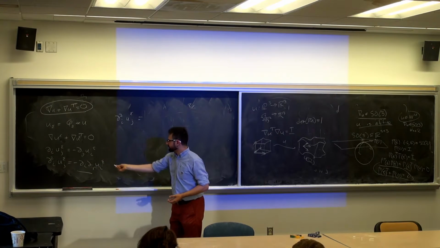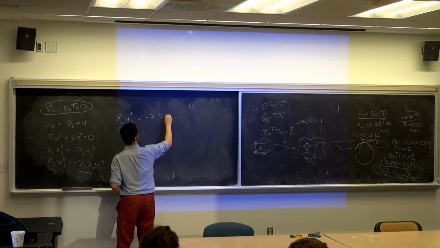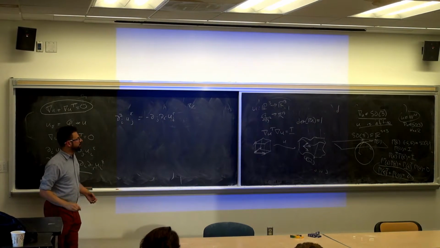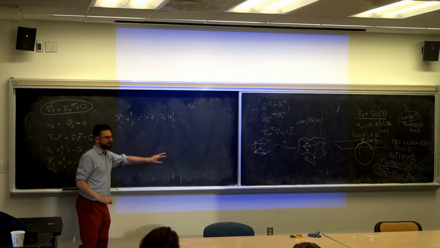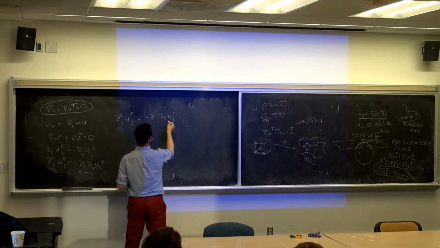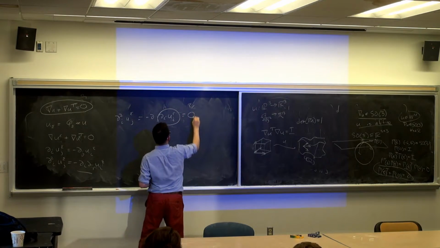Once again, smooth functions, we can commute derivatives. And we know that, in a skew-symmetric matrix, the diagonal is all 0. So delta j of 0 is just 0.